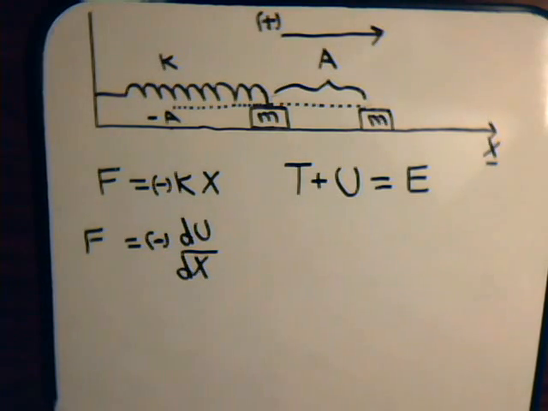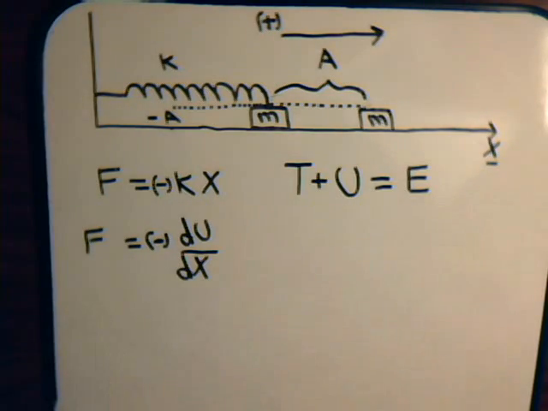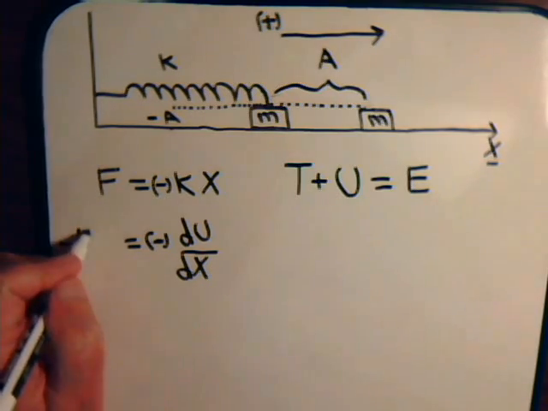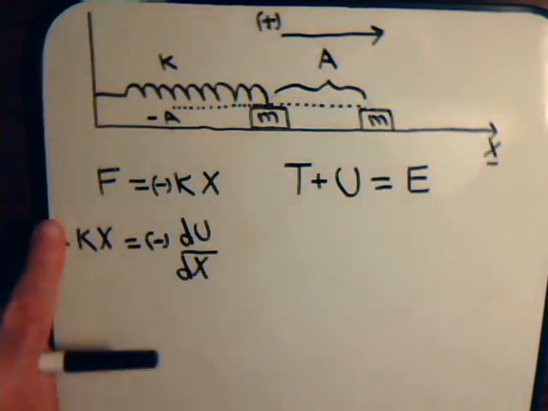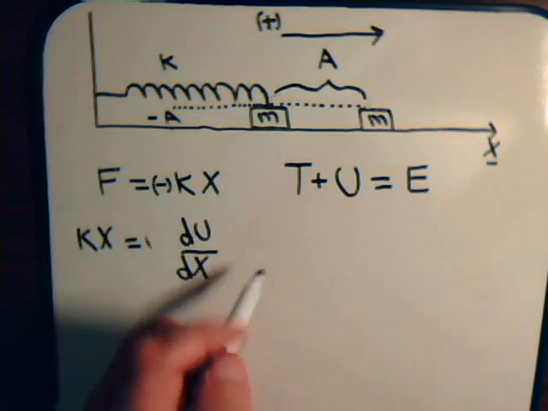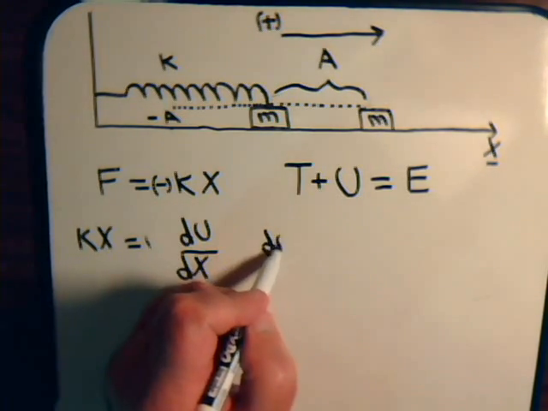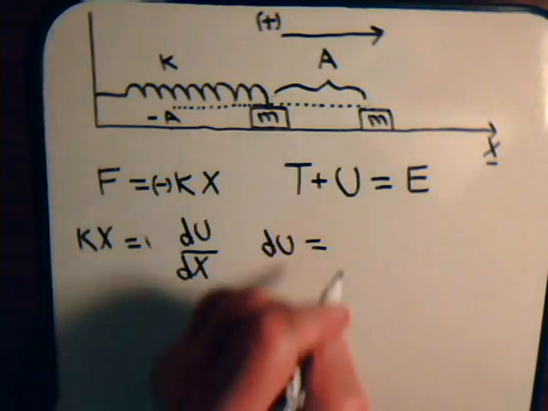We're not showing this as a partial derivative because we're only working in one dimension, x. So minus kx, which is what F is, equals minus dU/dx. We can forget about the minus signs, and we have dU equals kx dx.